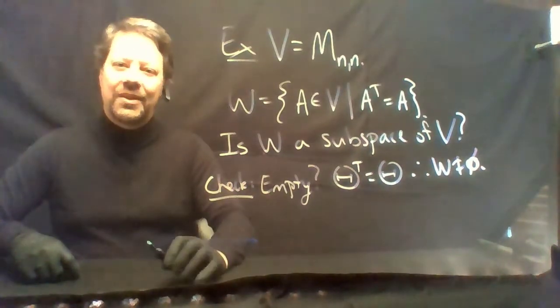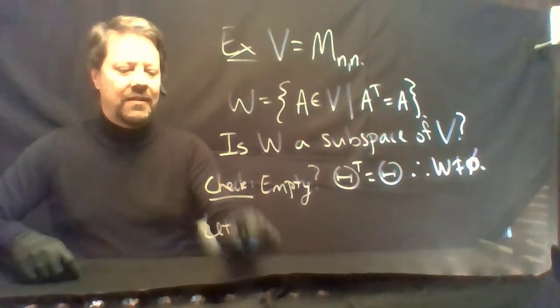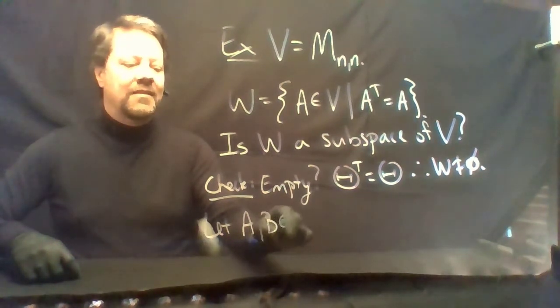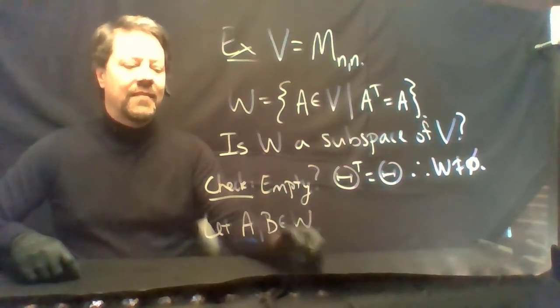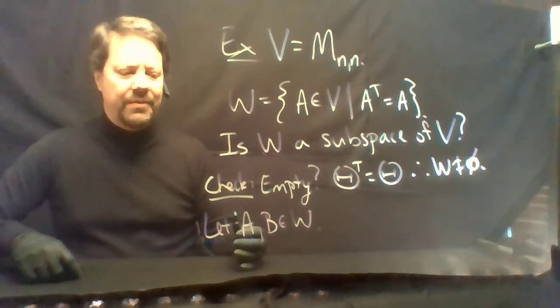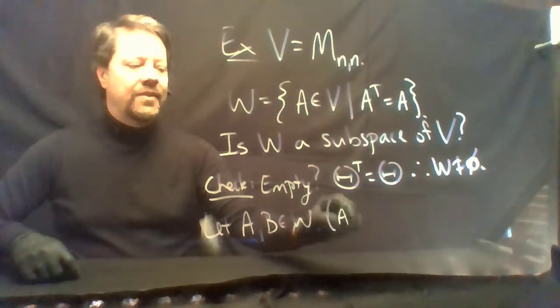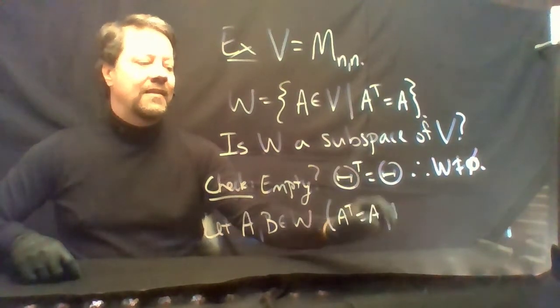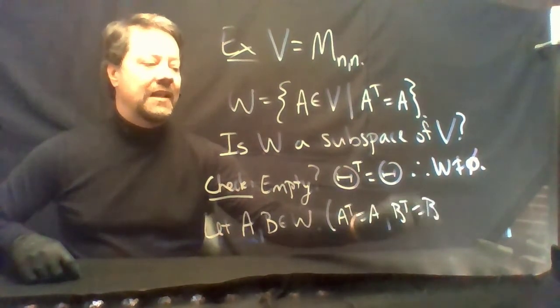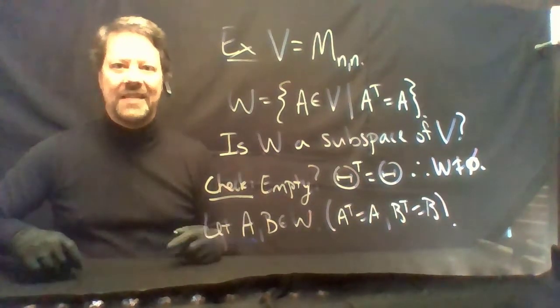Now, closed under addition. Let A and B be elements of W. What does it mean to be elements of W? It means their transposes are themselves. So A transpose is A, and B transpose is B. That's what that means. Is the set of symmetric matrices closed under addition? Let's check.